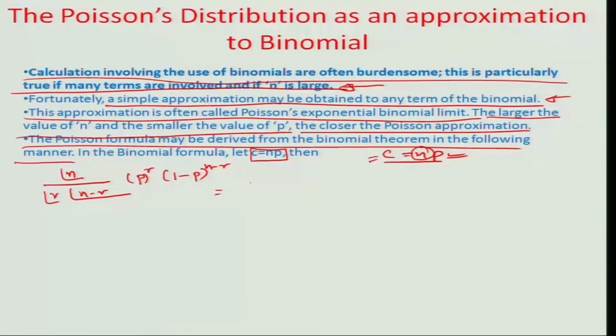This expression can be written as factorial n by factorial R times factorial n minus R, and the value of p which is C by n to the power of R, and 1 minus C by n to the power of n minus R.